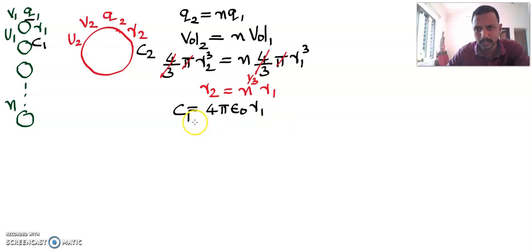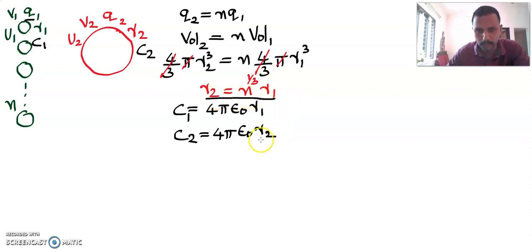C1 is the capacitance of the smaller conductor. And likewise, we could write C2. C2 is the capacitance of the larger liquid drop, which is 4 pi epsilon 0 R2. Clear? Now we know the relation between R2 and R1: R2 is equal to n raised to 1 by 3 R1.